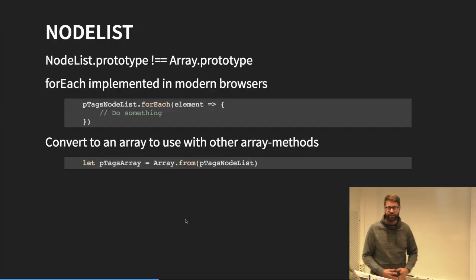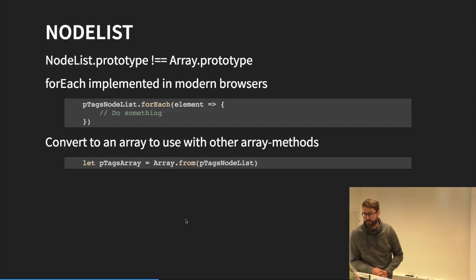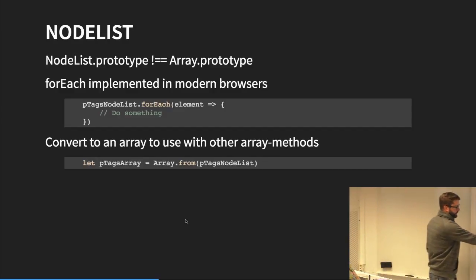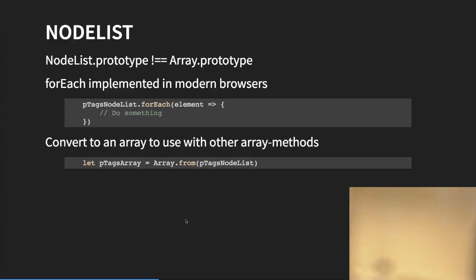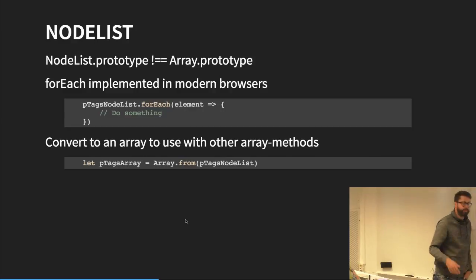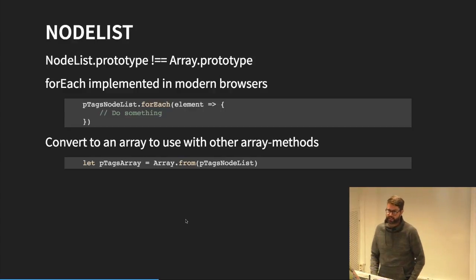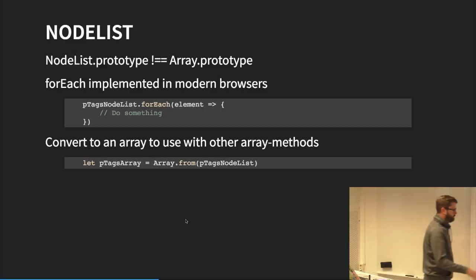An easy way to get around that is to convert the node list to an array. And you can do that by using the Array.from method. So in this case, I have a node list, the p-tags node list. I send it into Array.from, and I get an array of references to the nodes.